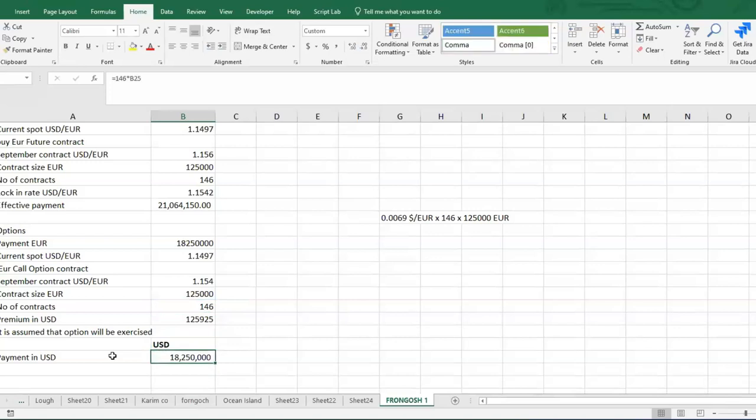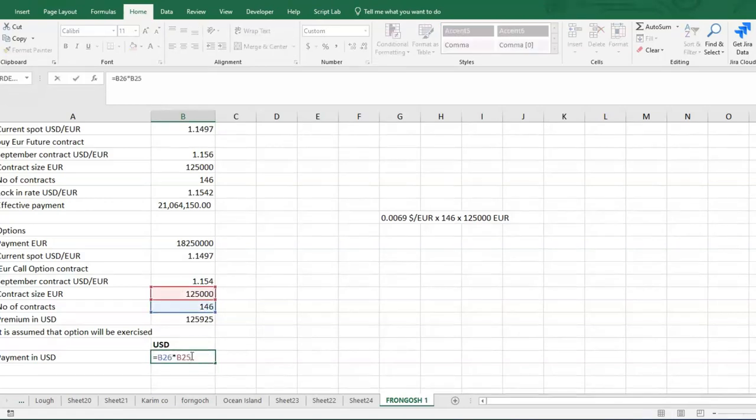So this is incorrect. Why? Number of contracts has no sign. Into contract size in euros. So this amount is in euros. So again multiply this with the exercise price. If the contract is given in dollars, then you simply multiply number of contracts into this.